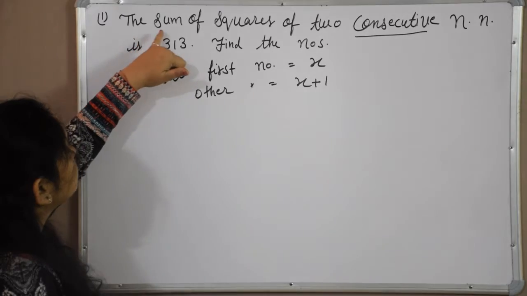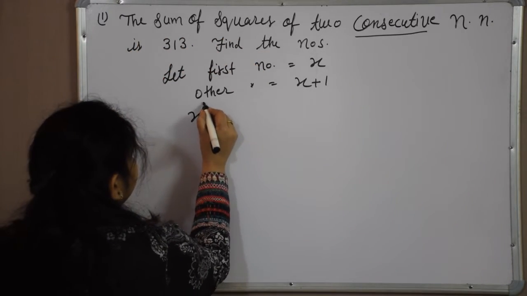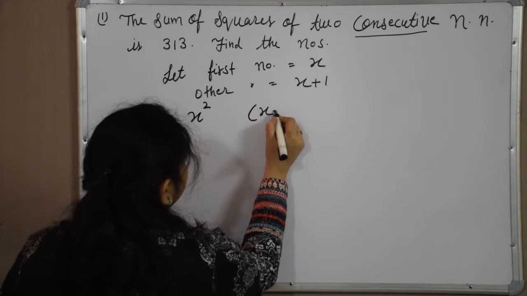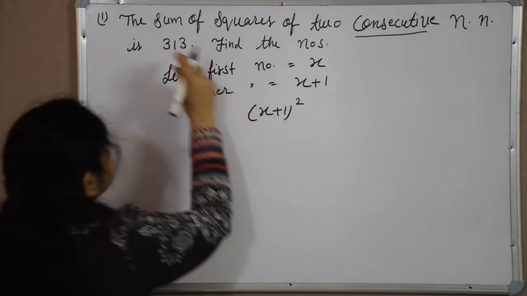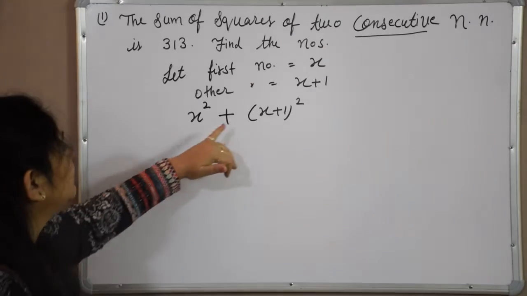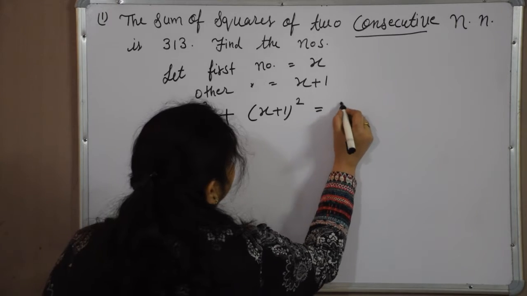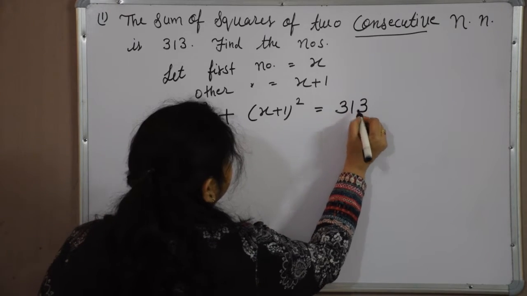So first we take the squares of both numbers, and then we add them, and we get it equal to 313.